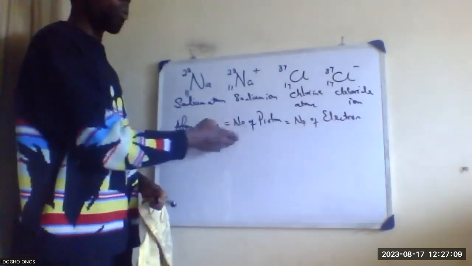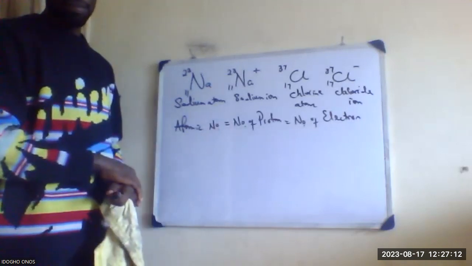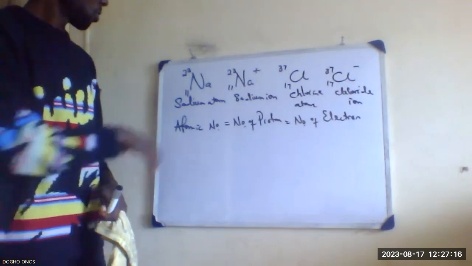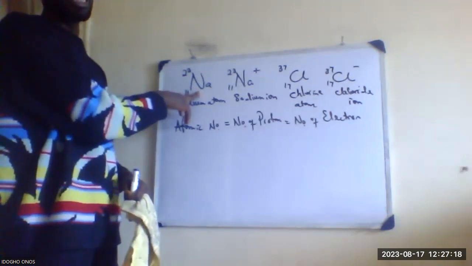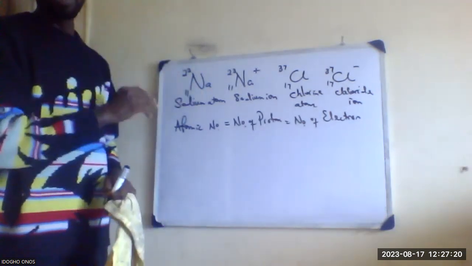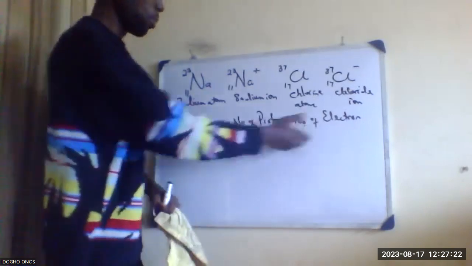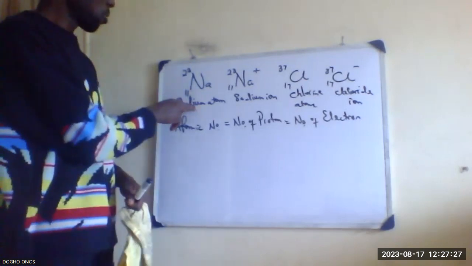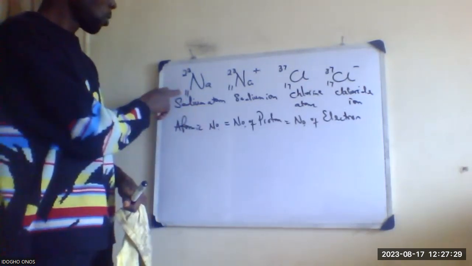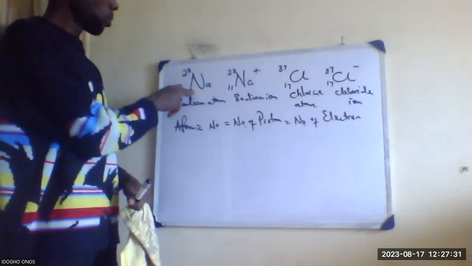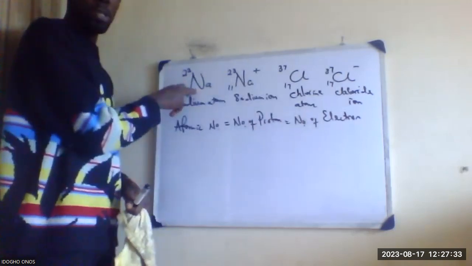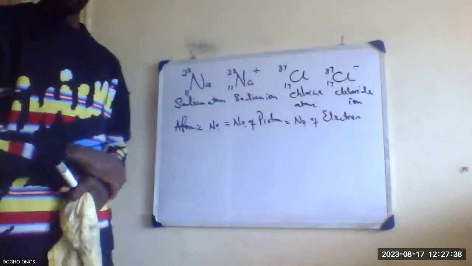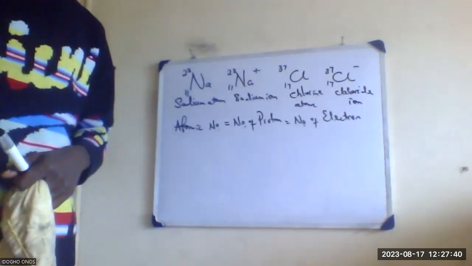This will only be correct if it is an atom, that is, if the element does not have a charge like a plus or minus on top. In the case of the sodium atom here, my atomic number is 11, my number of protons is 11, number of electrons is 11.